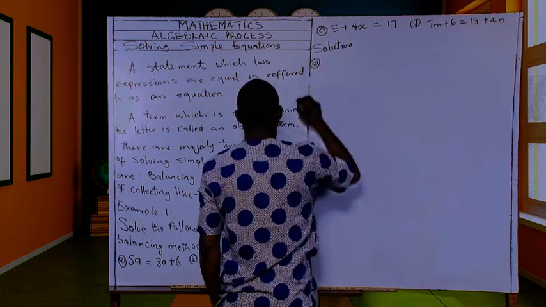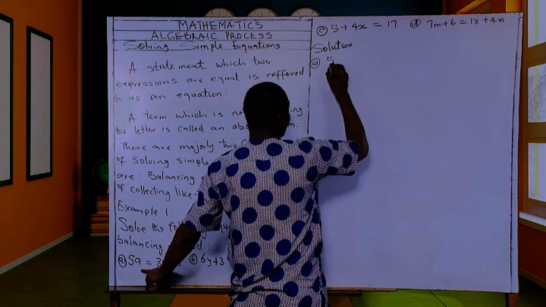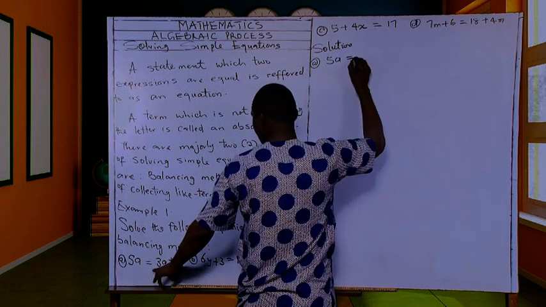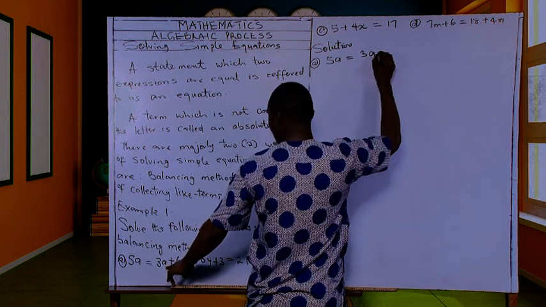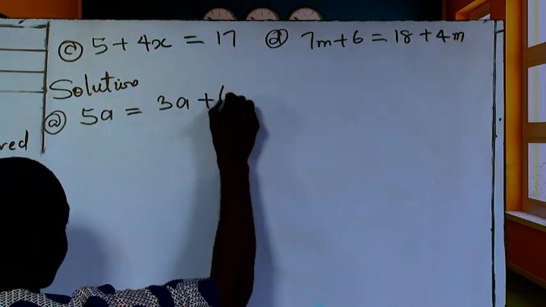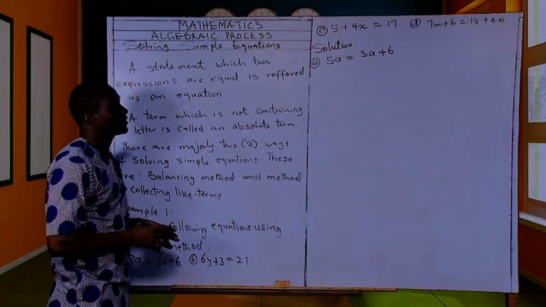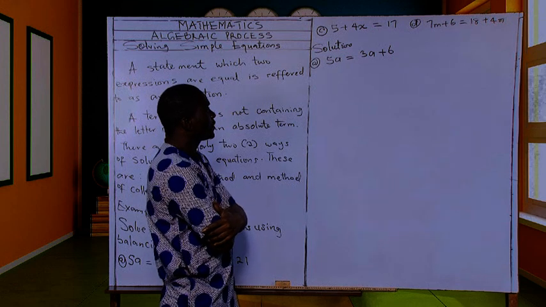5a equals 3a plus 6. We want to use the method of balancing.